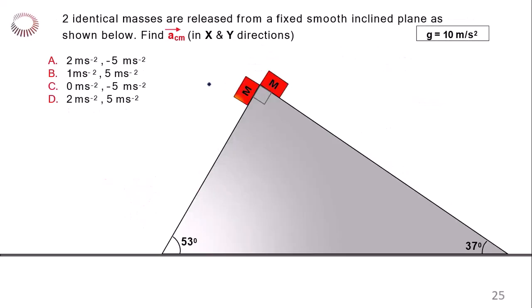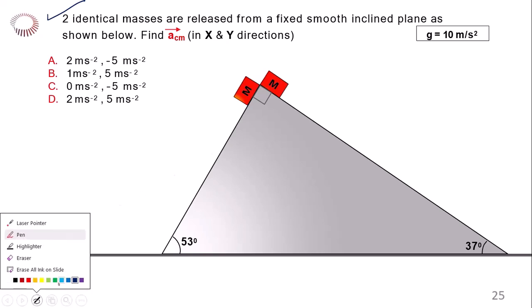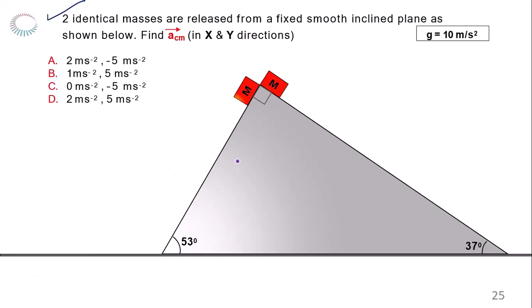Similarly, in this situation, there are two identical particles released from a fixed inclined plane. The angles are fixed, and the slope is smooth, a frictionless inclined plane. Individually, each block moves with acceleration g sin theta. Now you are asked to calculate the acceleration of the center of mass.